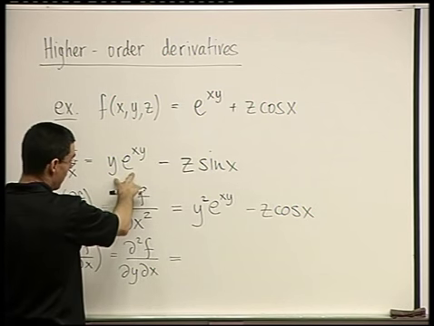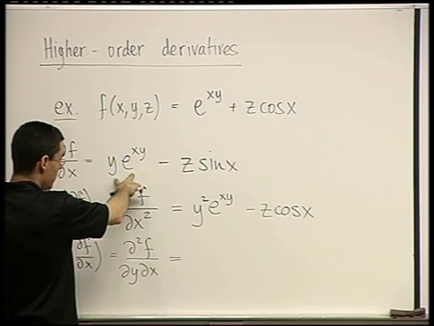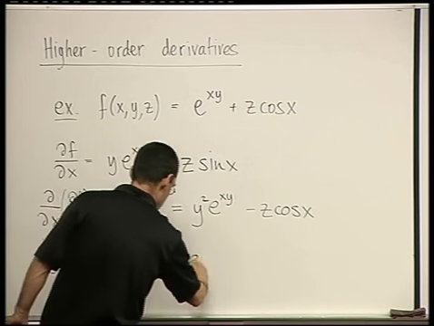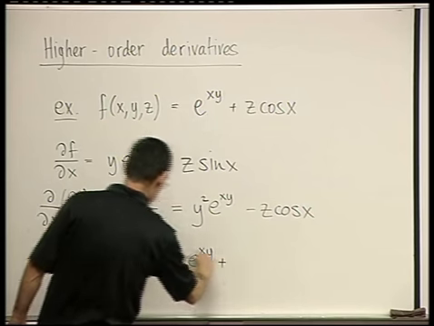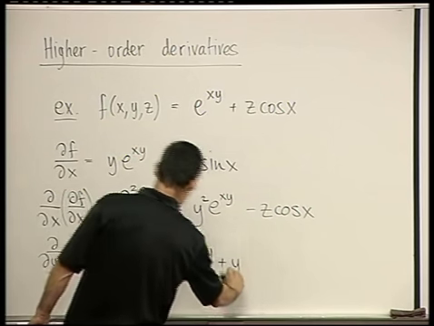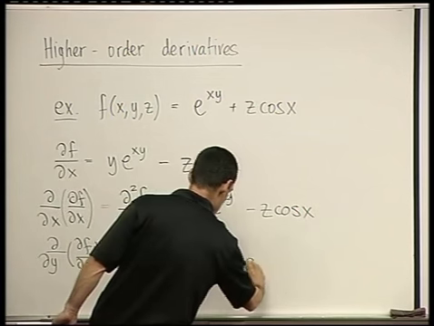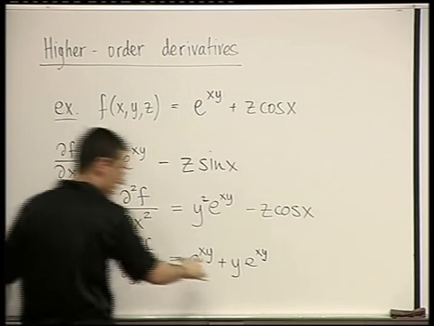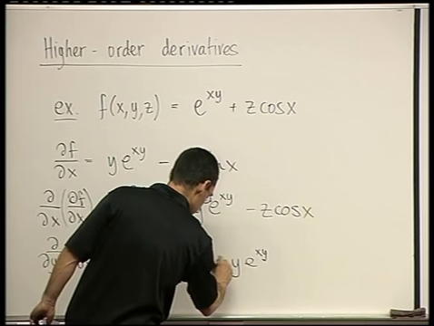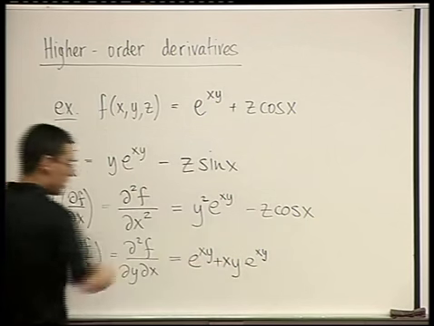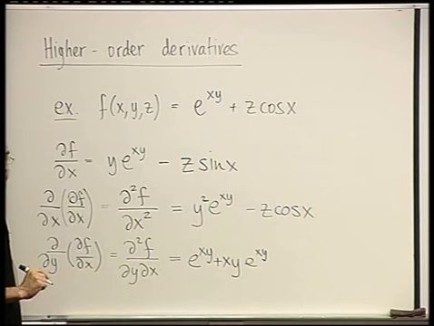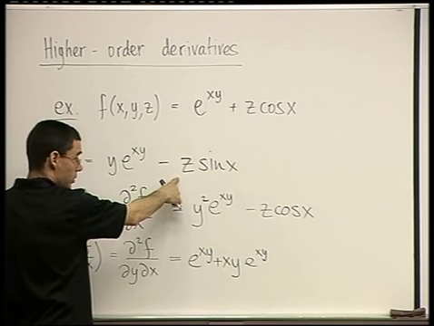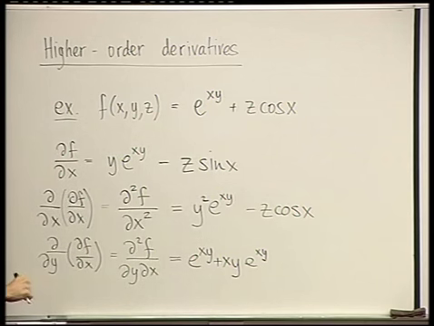Here I have a product, so I'm doing the product rule. So I get 1 times e to the xy plus y times the derivative of this, which is e to the xy, times the inner derivative with respect to y, which is x. Did everybody follow this? And what's the derivative of this with respect to y? 0. No y is there. Good?